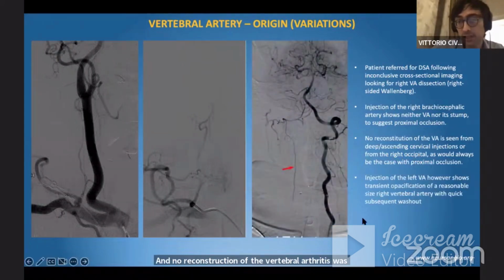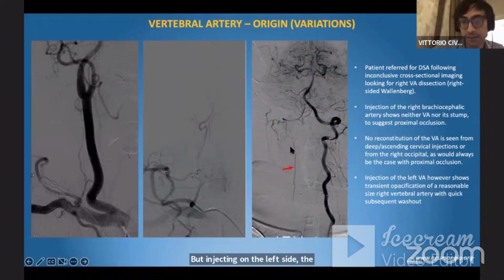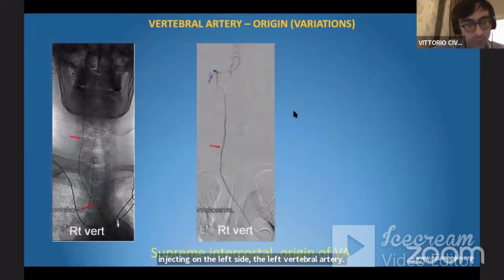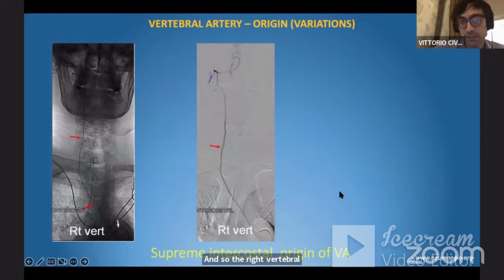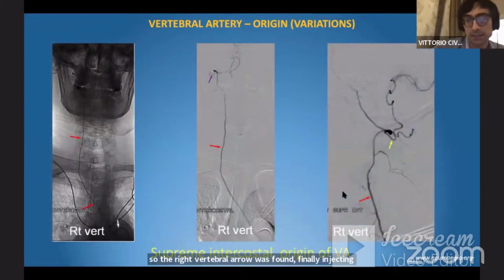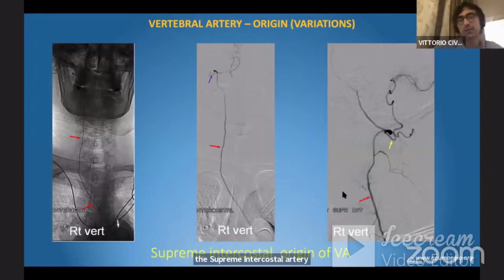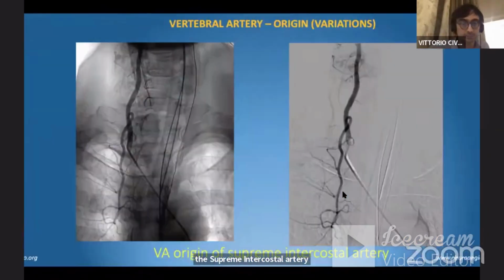But injecting on the left side, the left vertebral artery allowed to visualize the right one. And so the right vertebral artery was found, finally, injecting the supreme intercostal artery that gave origin to the vertebral artery.